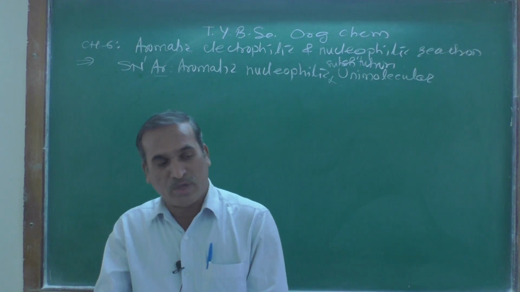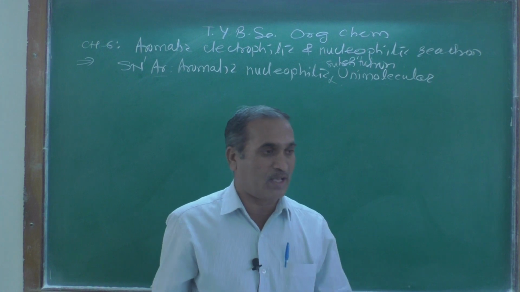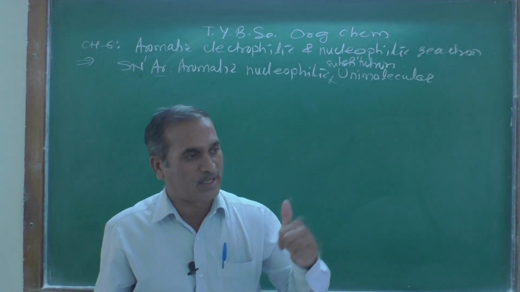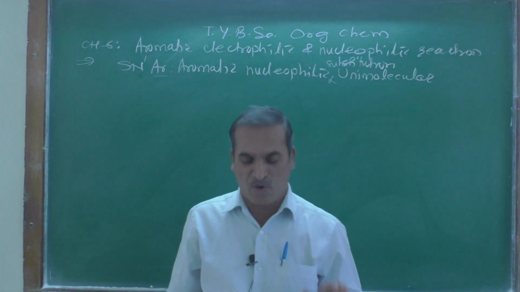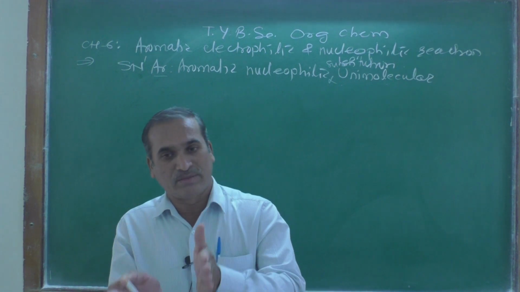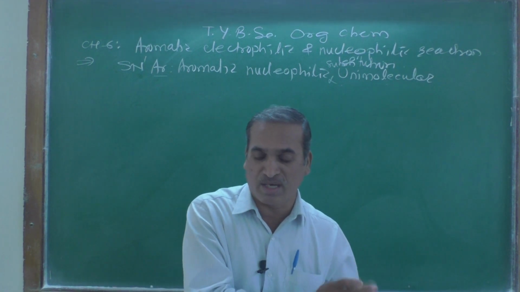One example we have seen in the case of the first one, SN2AR. AR means aromatic, N stands for the nucleophilic, S for the substitution and 2 for the bimolecular, and that example we have seen previously.